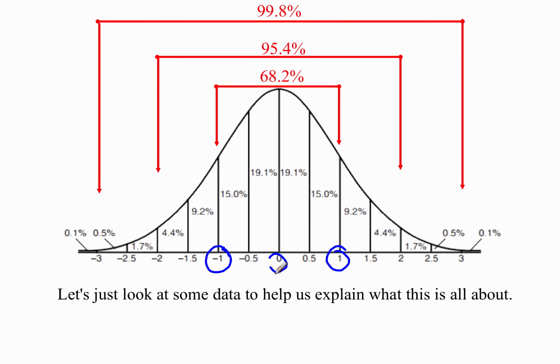And average is neutral here. 68% of a population is going to fall between one standard deviation below and one standard deviation above.